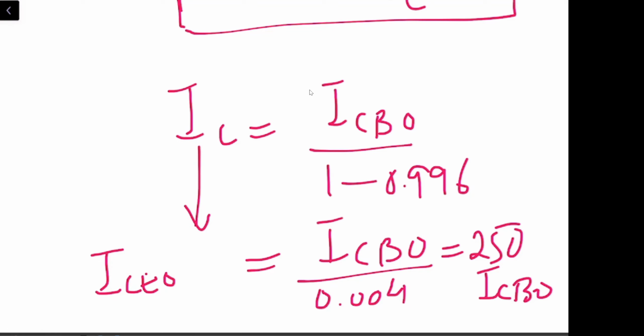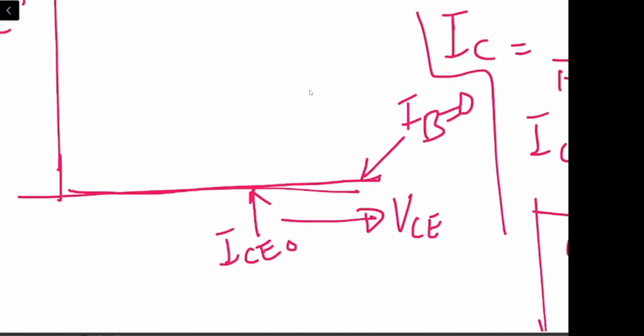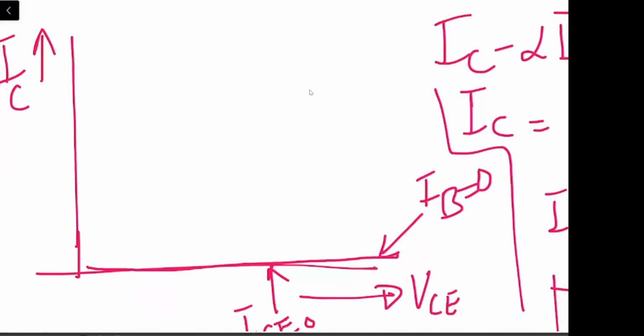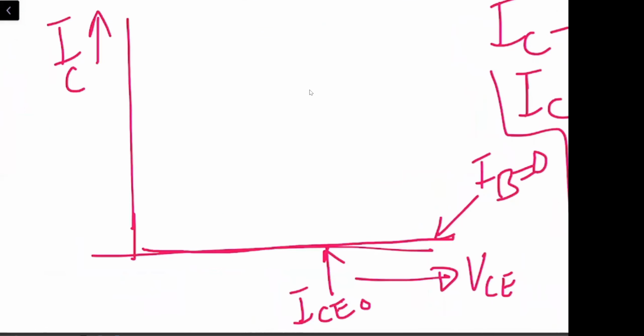So when we go back to our characteristic curve over here, we see that when the base current is equal to 0, the current which is flowing over here is ICEO, right?